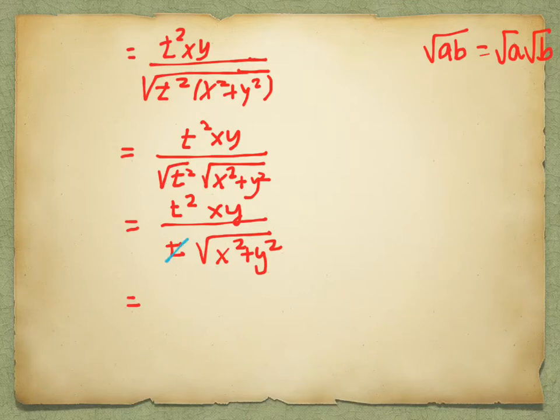So the t that I just put in the denominator and one of the t's in the numerator can reduce or cancel. That leaves me with one t that I can write in front all by itself, because it's multiplied with the xy and the square root of x squared plus, I have a really difficult time writing 2's very clearly, that's better, plus y squared.